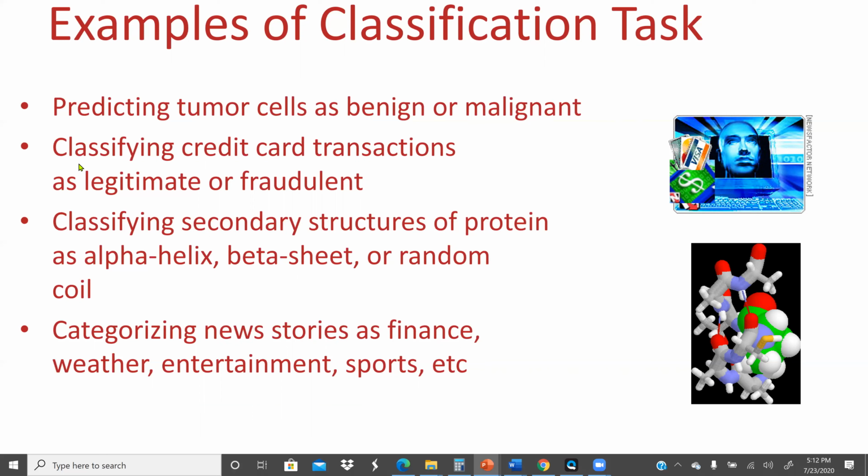We also use it to classify credit card transactions as legitimate or fraudulent. Anytime we purchase an item using our credit card, we may have some rejection, maybe based on profiling. For example, I live in New York City.